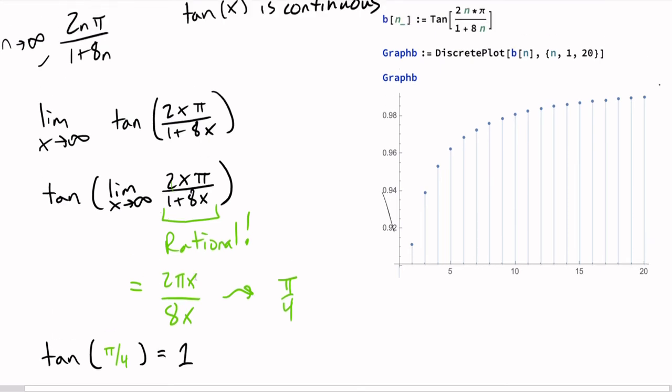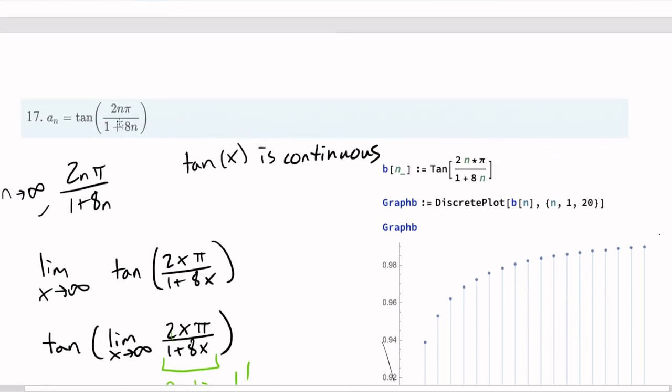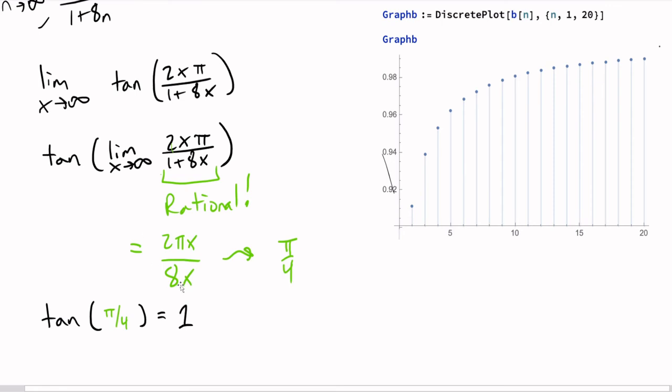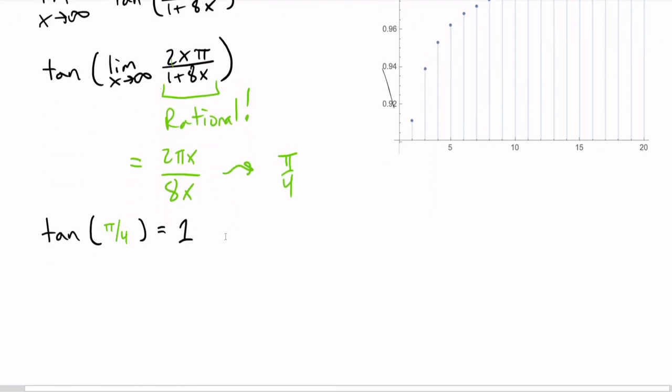So what did we do? We took this, replaced it with its function version, a function defined on the real numbers, not just the whole numbers, used our pass the limit through a function trick, and then saw that it was just a rational function and dealt with it in any of the numerous ways you want to.